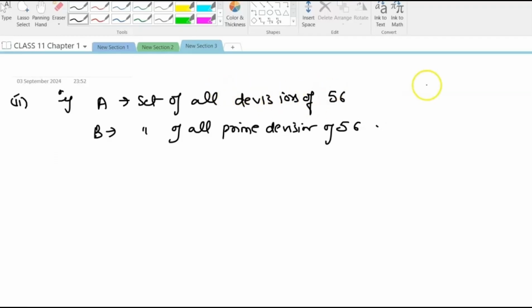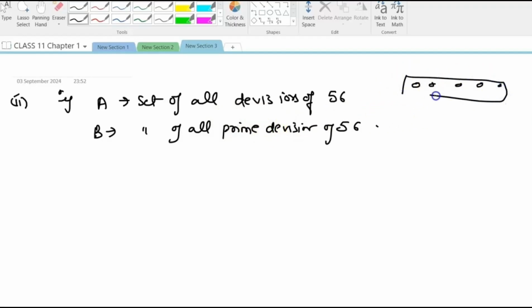A is the set of all divisors of 56. We don't even need to calculate. Suppose these are the divisors of 56. Now, B is the set of all prime divisors of 56.